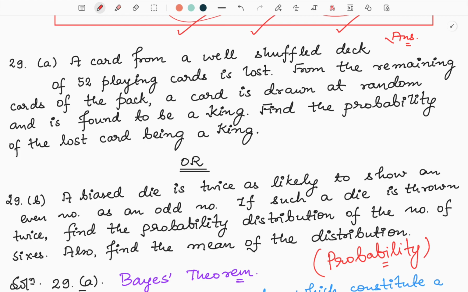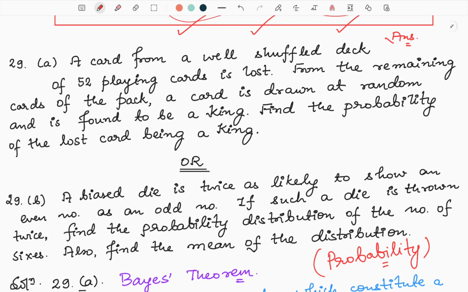So let us solve the first part and then we will solve part B. In my opinion, solving either part is up to the student, because none of the questions are easy. But if you can solve both, you should solve the first question, or 29a, because it contains less calculation, and it's not very lengthy also.